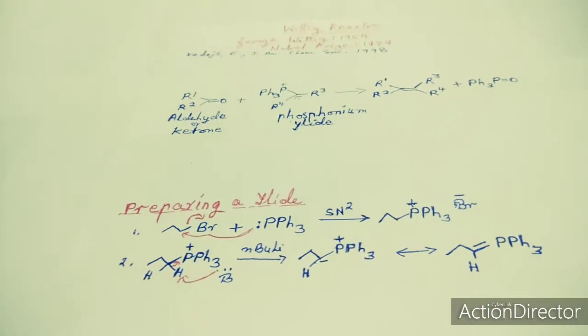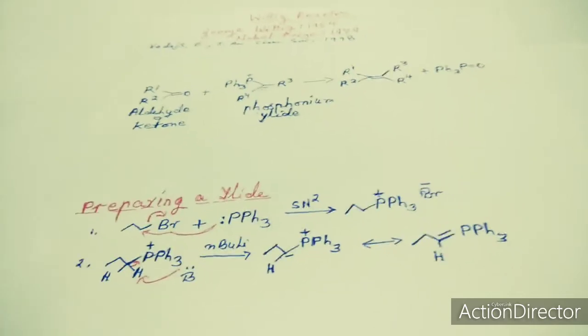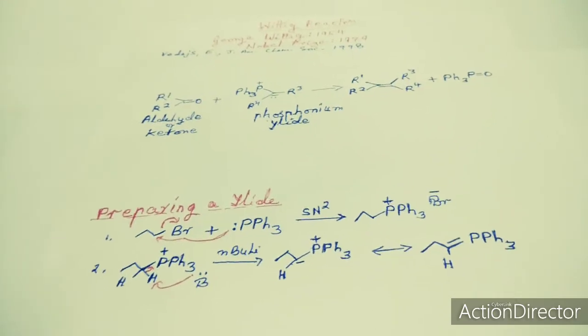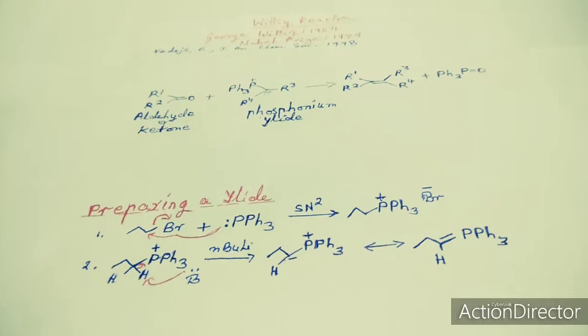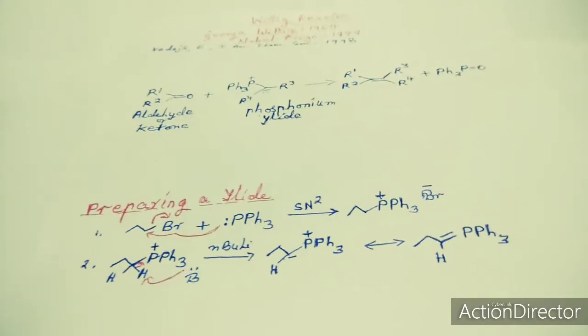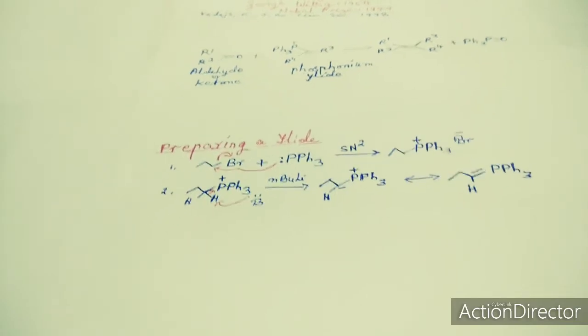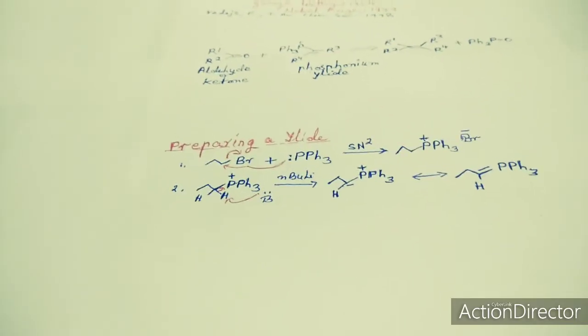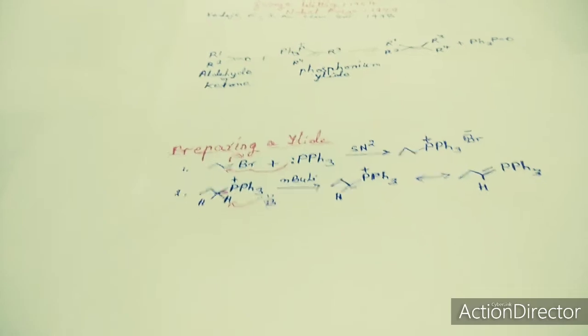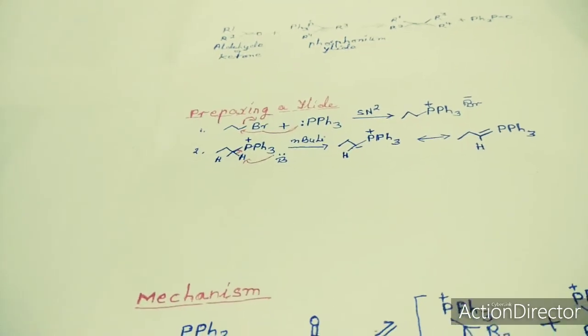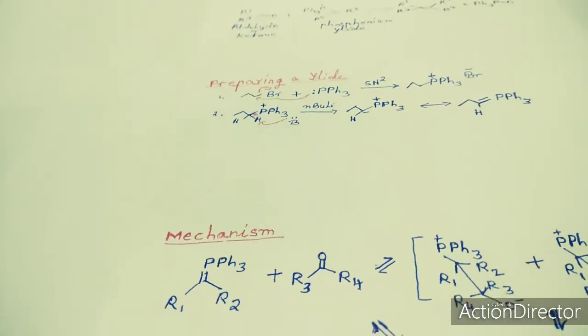Now once this phosphorus ylide has been formed, this in itself is very reactive. So what will happen is that it will react with our carbonyl, which can be either an aldehyde or a ketone, either of them.